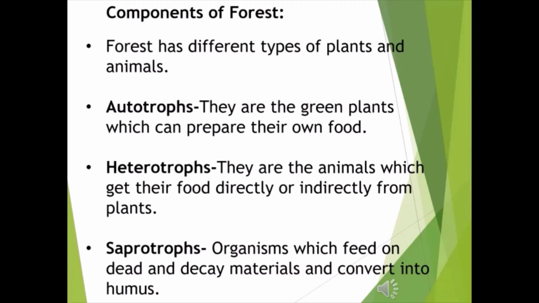These animals we call heterotrophs. And there is also another group of organisms called saprotrophs which feed on dead and decaying materials and convert them into humus. They are also called decomposers.